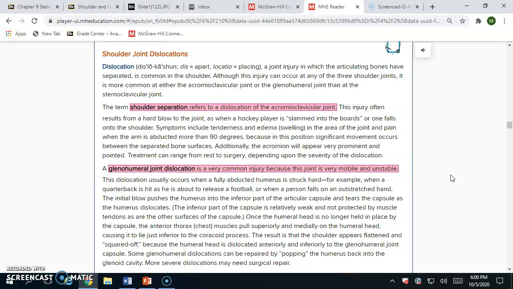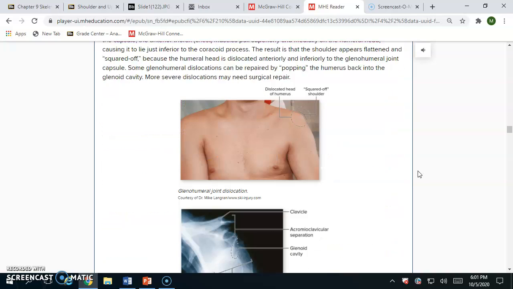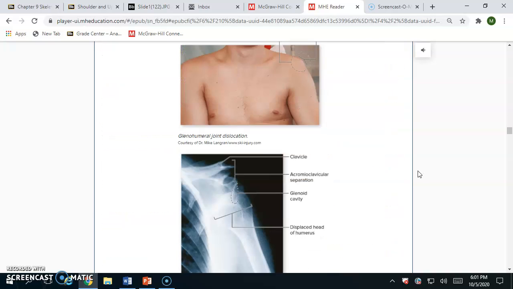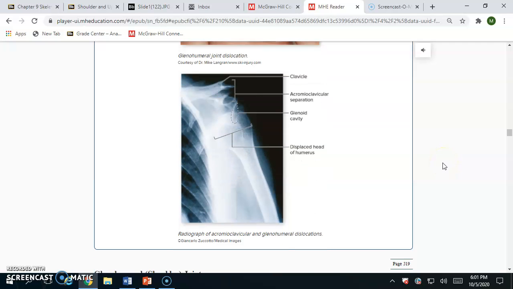But the other two, especially the glenohumeral joint, can be dislocated. That is our definition for dislocation. Realize that the glenohumeral joint, and second the acromioclavicular joint, are the ones likely to become dislocated at the shoulder. I have some pictures here so you can see what it looks like when they do become dislocated.